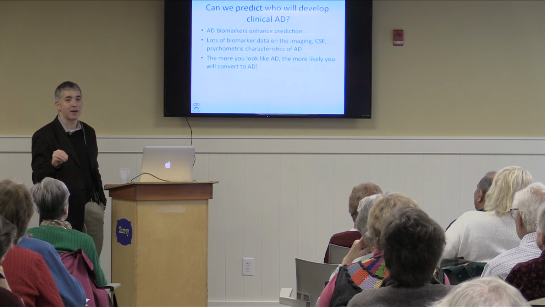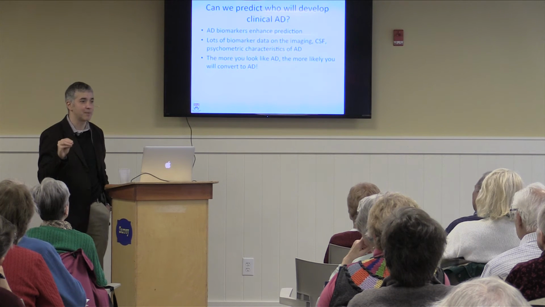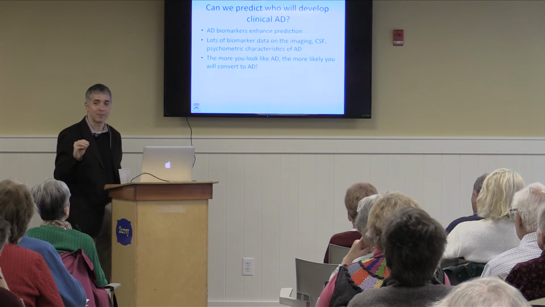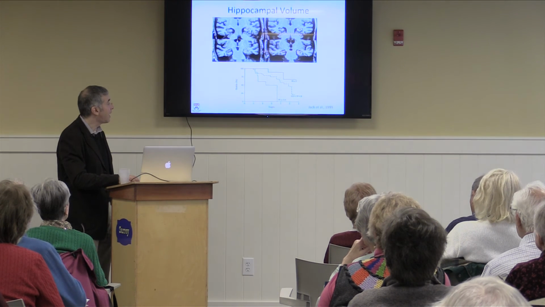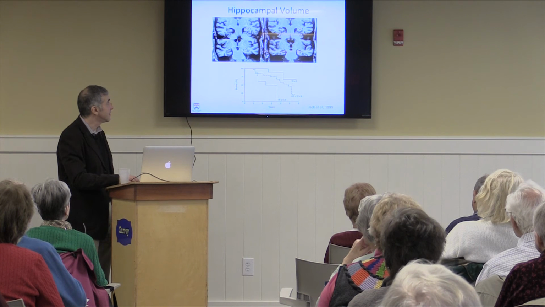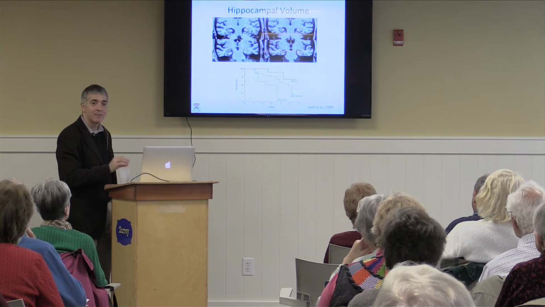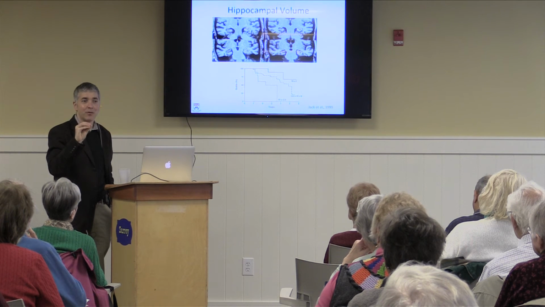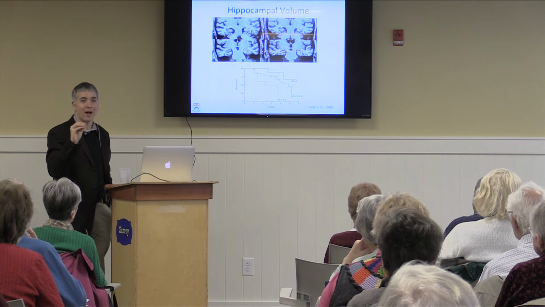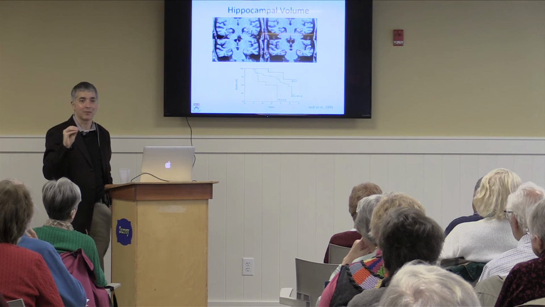Ultimately, those are the people we want in clinical trials, because we think drugs will work better in people who don't have a lot of injury to their brain. This is where biomarkers help. The bottom line is, and I won't belabor this point too much, if we measure things like your hippocampus, the more it looks like Alzheimer's disease, the more likely your mild cognitive impairment is due to Alzheimer's disease.